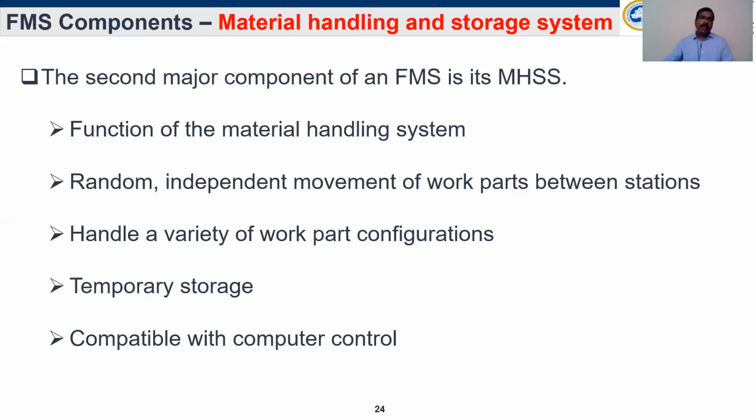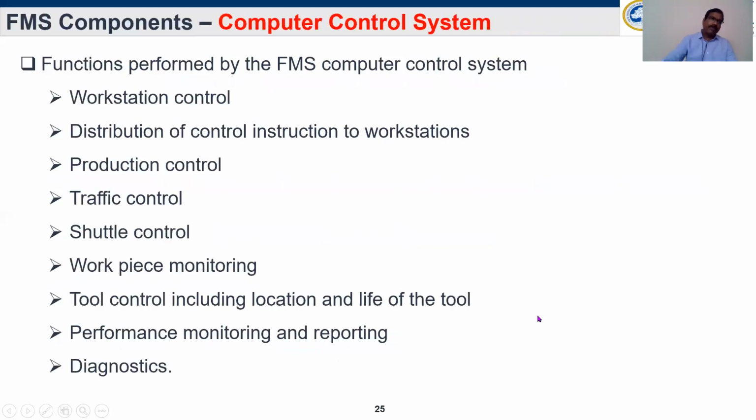Then it should be compatible with the computer control. Since it is an automated system, we should be able to control it through computer programming. That capability should also be there for the material handling and storage system under the FMS.